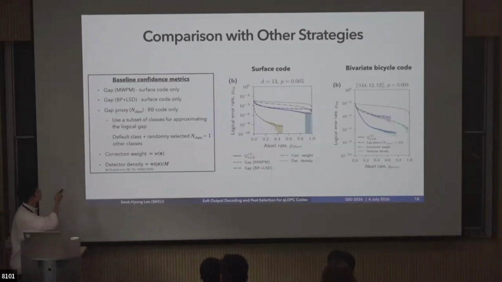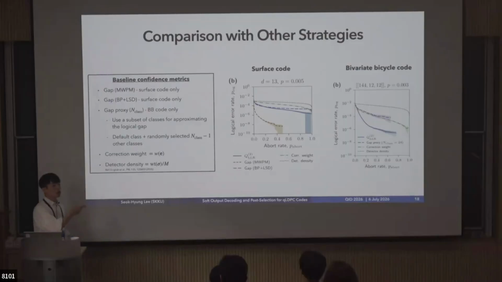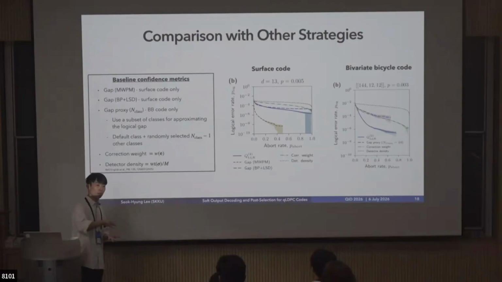So instead, we use a subset of classes for approximating the logical gap, and we call that gap proxy. For this gap proxy, our strategy was very simple. We first run the decoder once to get the default class, which is the basic class from the initial decoding run, and then randomly select other n class minus 1 logical classes, decode within them and compare them.